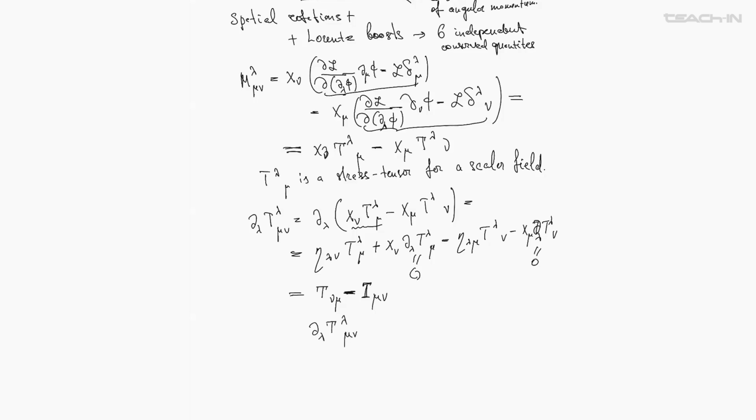which actually shows us that for the case of a scalar field, since, this is not T, this is M here, this expression shows us that since by Noether's theorem we have the divergence of the angular momentum tensor vanishing, then the stress energy tensor for the case of a scalar field must be automatically symmetric.